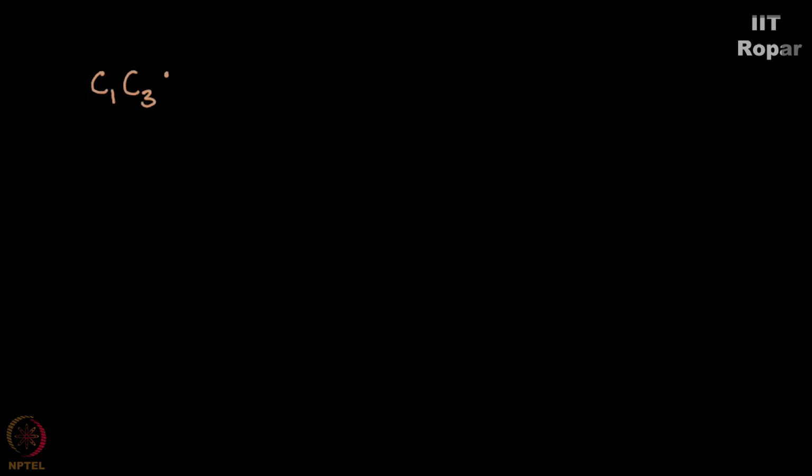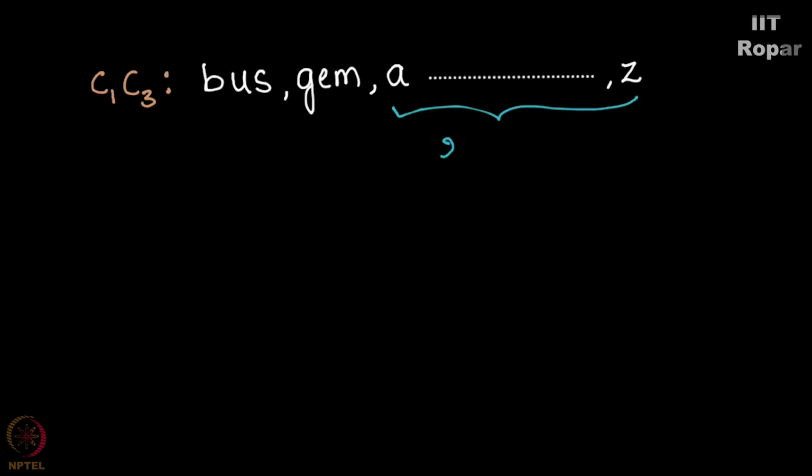C1 C3. You saw that n of C1 C2 is 21 factorial and n of C2 C3 is 21 factorial. Now, n of C1 C3 will be those permutations which contain bus and gem. Right? Bus has 3 alphabets, 1 unit. Gem has 3 alphabets, another unit. Now, how many remain?